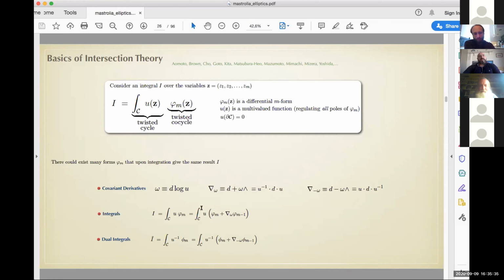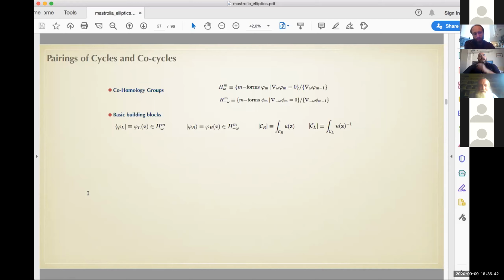Okay, for direct integral we have u, and for dual integral we have u inverse. So this equivalence class indeed allows us to define two dual cohomology groups formed by the closed forms modulo the exact.